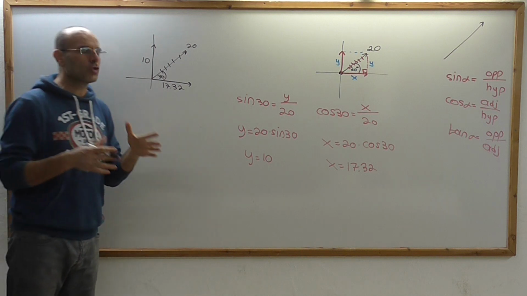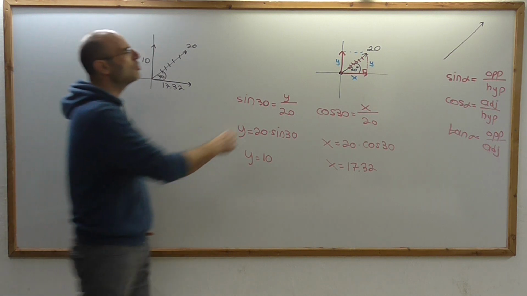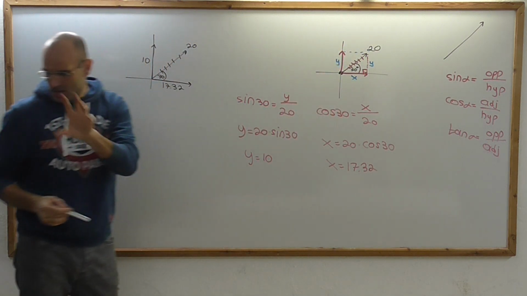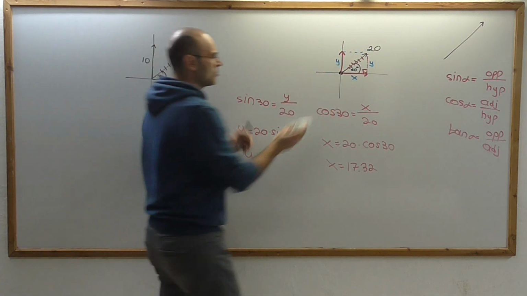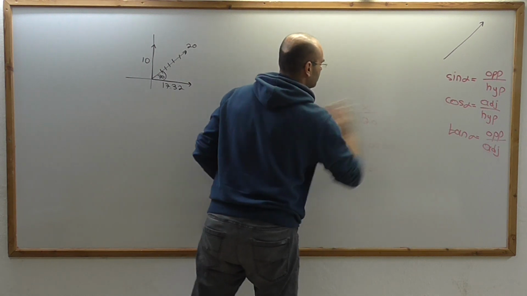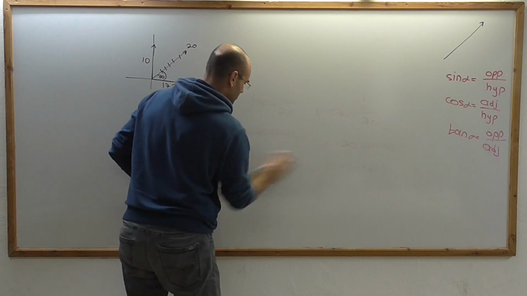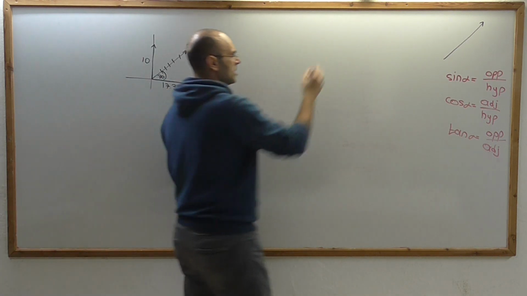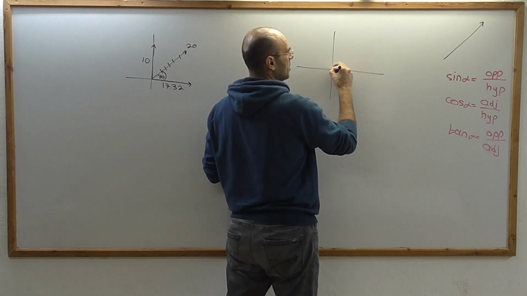So what's our conclusion now? We don't have to do this all the time to break it with right triangles. We can conclude it like this. Let's write it. Every time I have a vector, let's draw it.